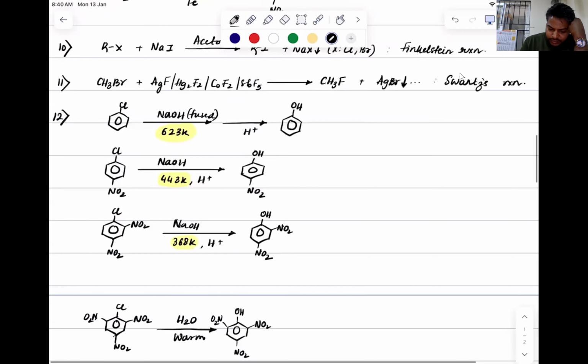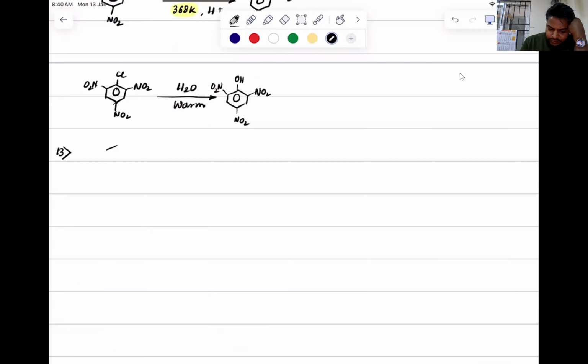Next, check out the 13th reaction, where we have chlorobenzene reacting with HNO3 and concentrated H2SO4. Now, this is one very important thing you need to notice in NCERT.